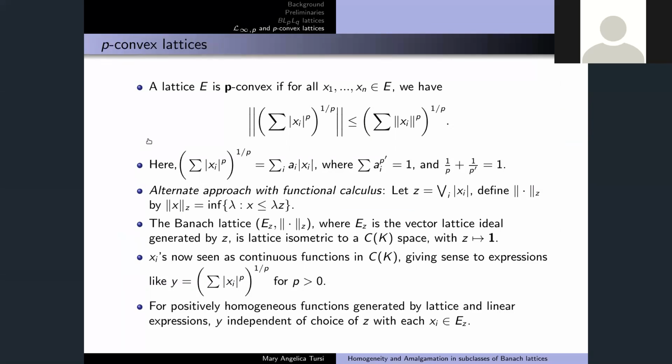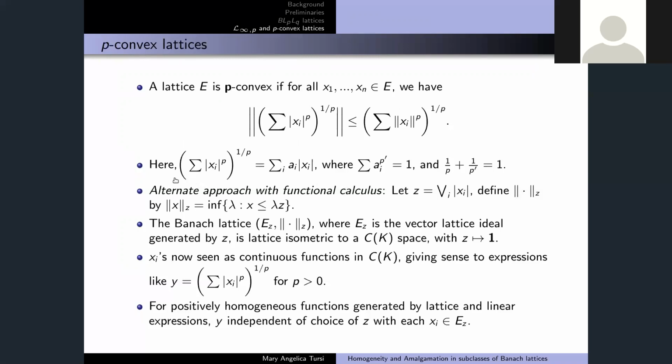The technique here is a bit different, but what it comes down to is the definition of p-convexity: the norm of the operation where you take the xi to the p, sum them up, and take 1 over p, is less than or equal to the sum of the norms of the xi's.